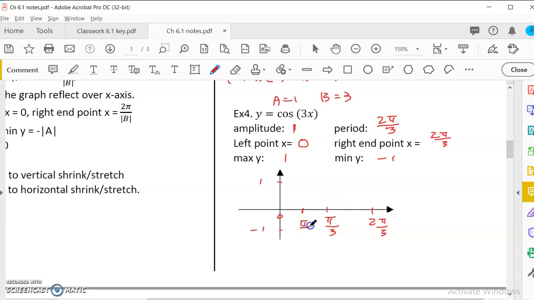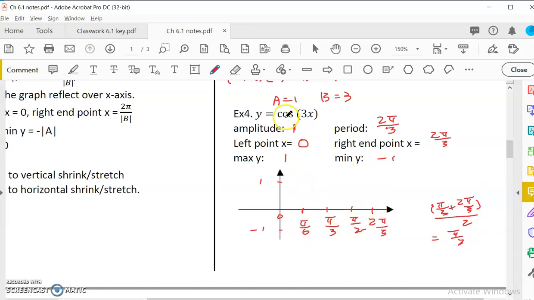It will be pi over 6 because dividing by 2 means times 1/2. This is a little tricky. So pi over 3 plus 2 pi over 3, add them, and you divide it by 2. The top is 3 pi over 3, that's pi. So that means pi over 2. So you get all the 5 points.